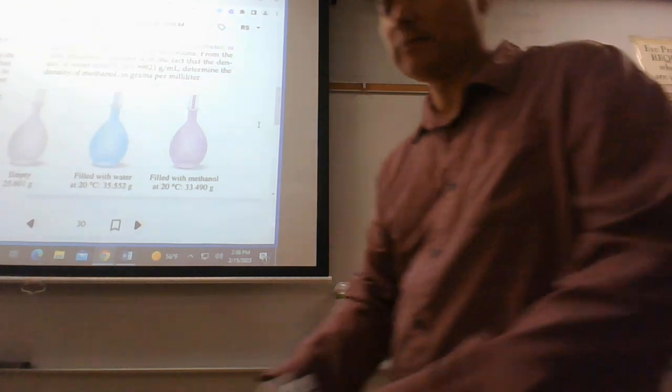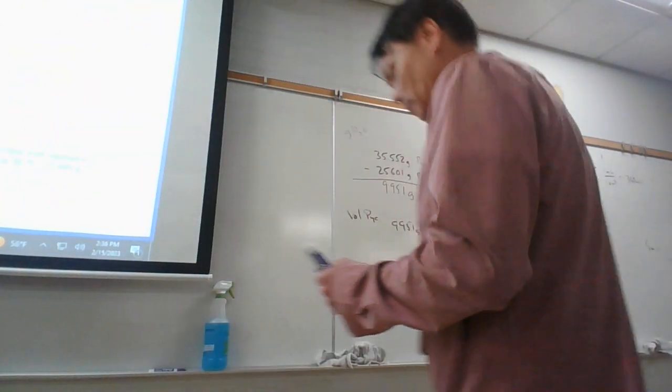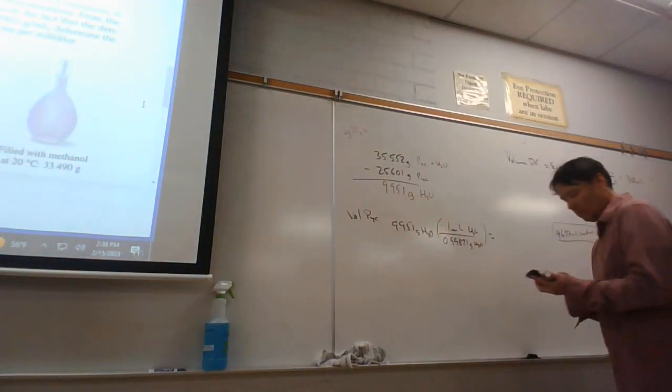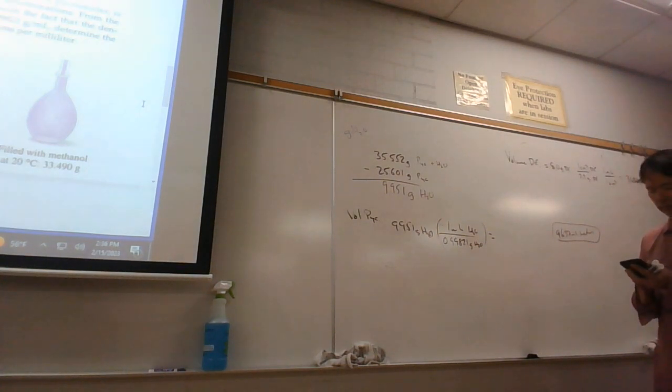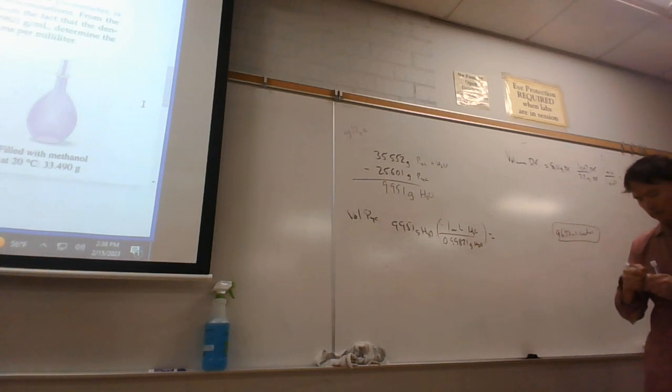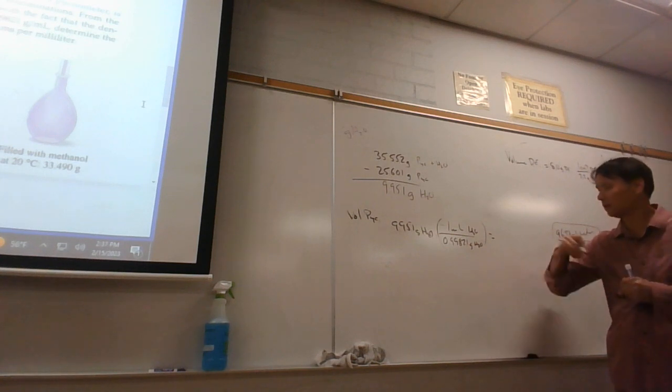So what is the volume of the pycnometer here? 9.951 divided by 0.99821. I get 9.9688.